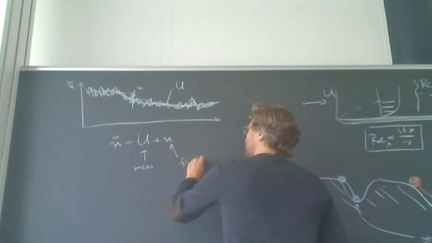And actually the amplitude of these fluctuations gives us a measure for the intensity of the turbulence. And the mean flow gives us an understanding of what the flow overall is doing, plus the turbulent fluctuations.